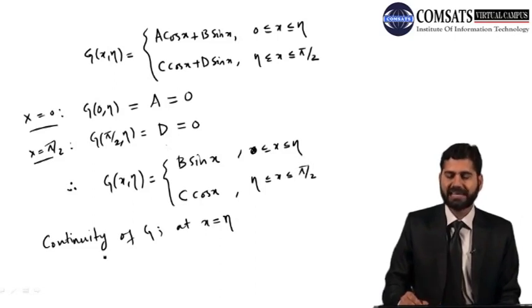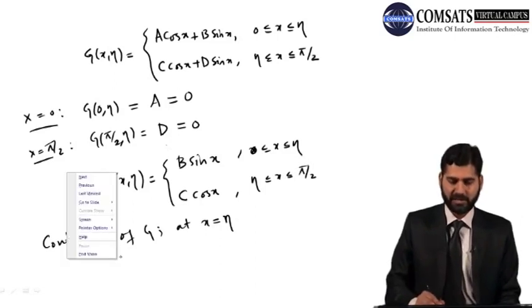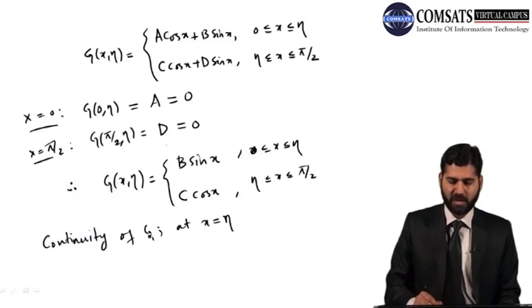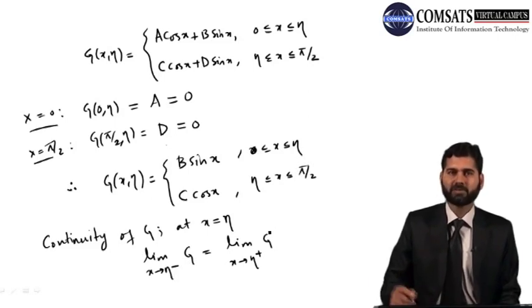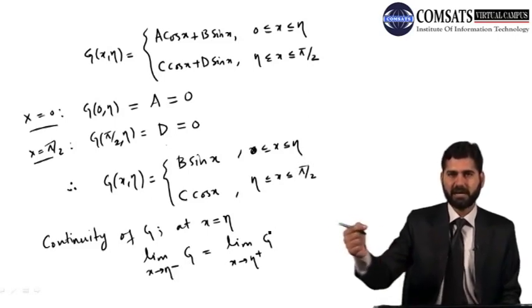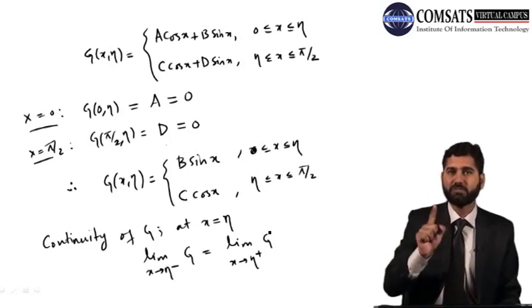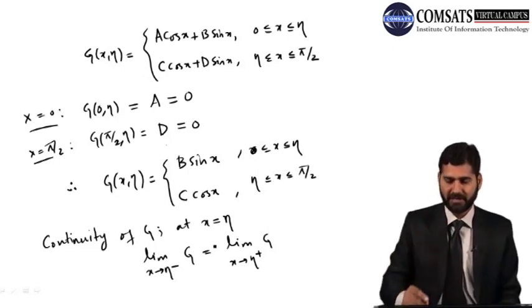So continuity of g at x is equal to eta means the limit as x goes to eta from the left of g should be equal to the limit as x goes to eta from the right of g. So if you approach eta from the left or from the right, there should be no jump. They both should be equal to each other.